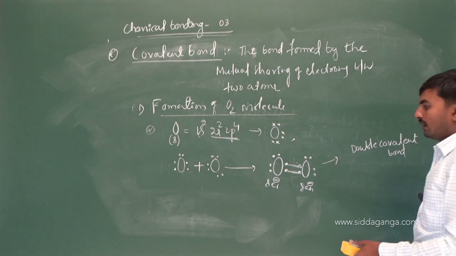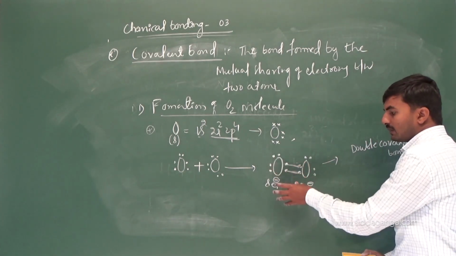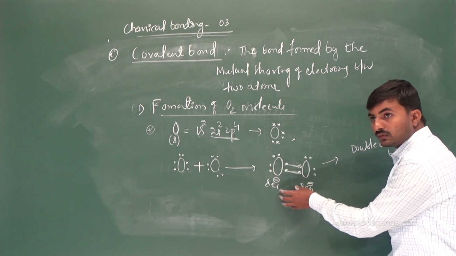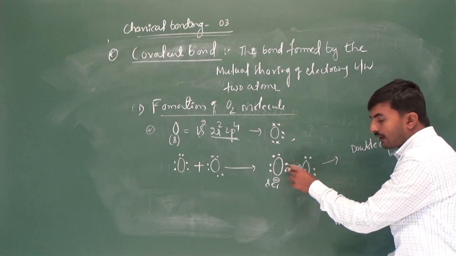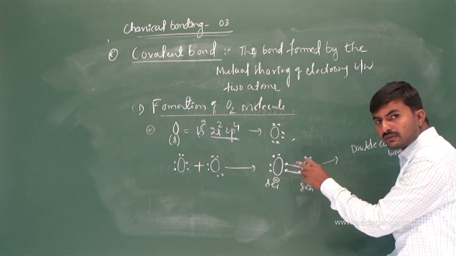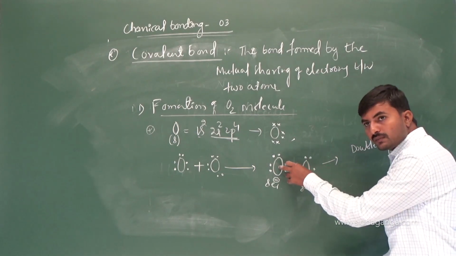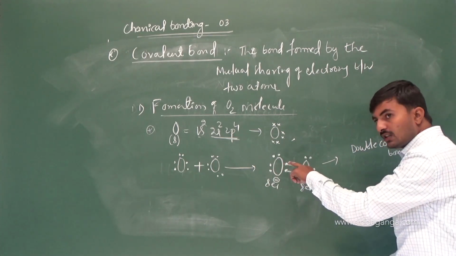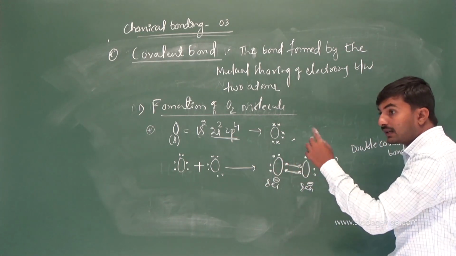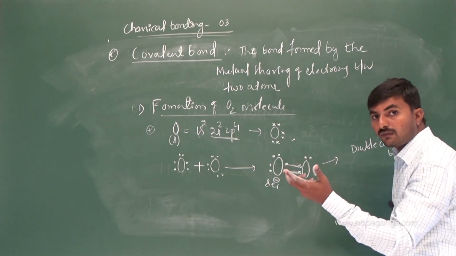Then which type of covalent bond does it belong to? Both atoms have the same electronegativity. Both are oxygen atoms. If there is a change in electronegativity difference, that may result in unequal sharing of electrons.